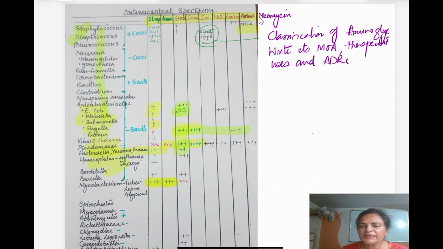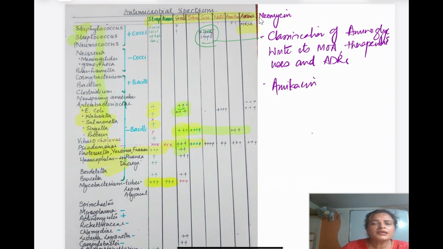Classification, write its mechanism of action, therapeutic uses and adverse effects. And you are supposed to write the antimicrobial spectrum whenever you get a note on an individual drug. Suppose you get a note on amikacin, then you are supposed to write the antimicrobial spectrum.